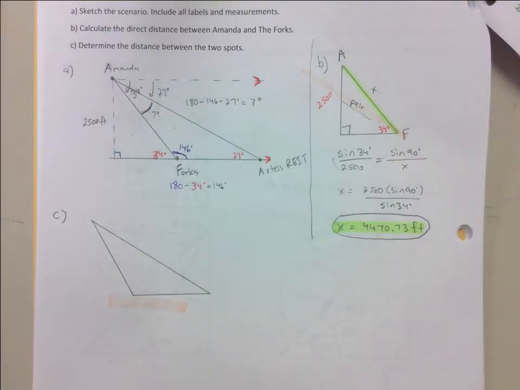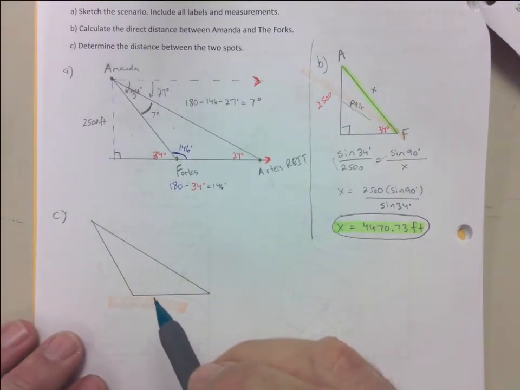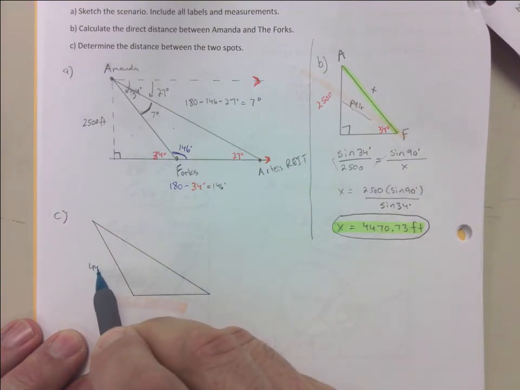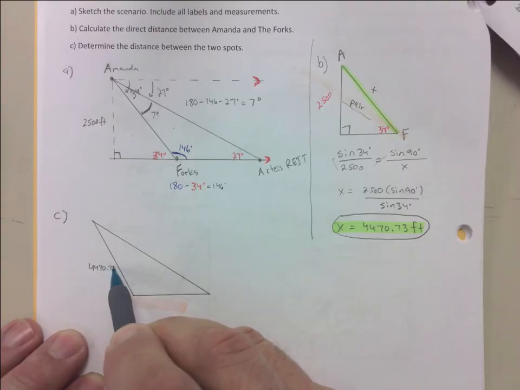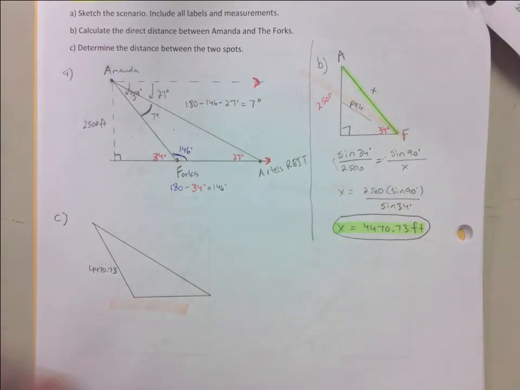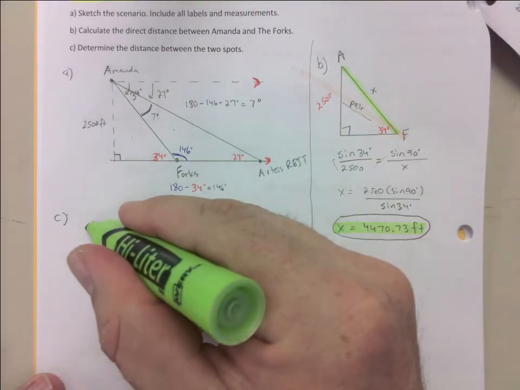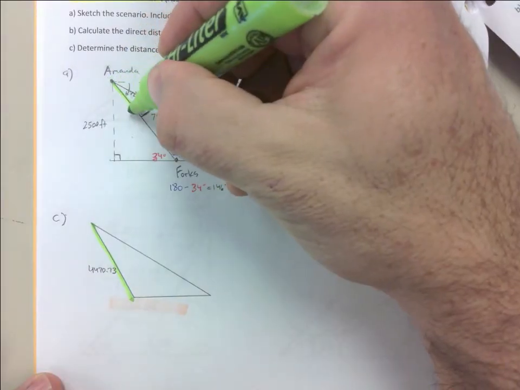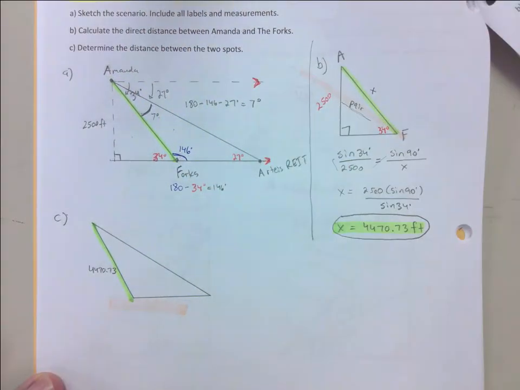So let's transfer over what we know. We know now that the 4470.73 is known to us now. I'm going to highlight that here, and I'm also going to highlight it in my original.